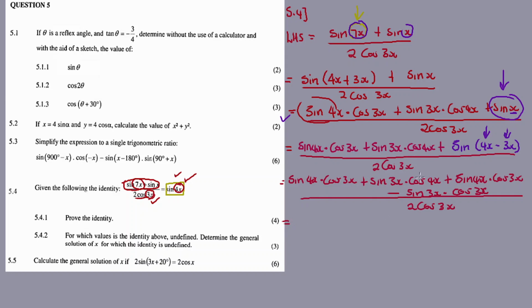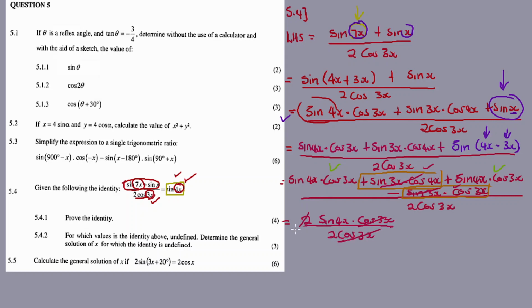Okay, we're done, my friends. This like term here, and this one has a like term here. So these two like terms will cancel each other because one is positive and the other is negative, then here it's both positive, so we'll have 2 sin 4x multiplied by cos 3x divided by 2 cos 3x.